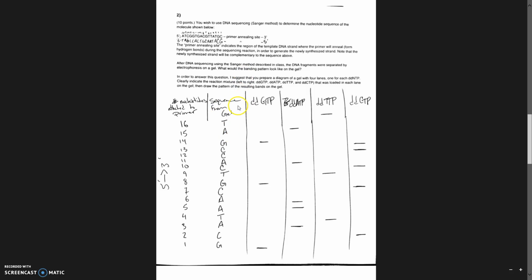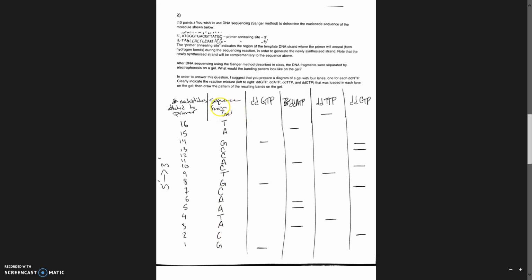And when we put this into a gel that's loaded with the ddGTP, ddATP, ddTTP, and ddCTP, essentially each of those bands is going to light up whenever that particular sequence appears from 1 to 16.